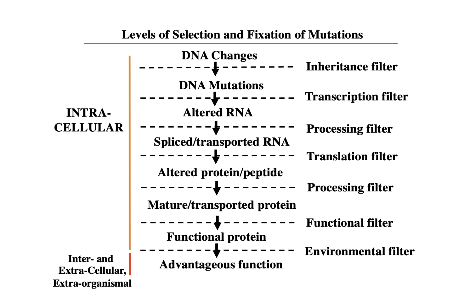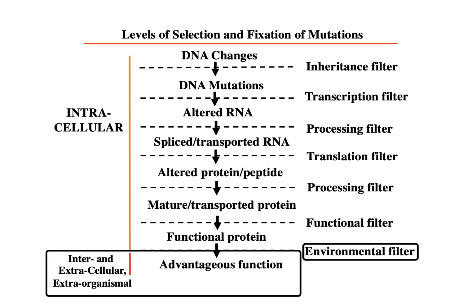Finally, I wanted to show this figure one more time. I showed it in a previous video. But in this video, I have been talking about this extra-organismal level of environmental selection, this environmental filter, to lead to an advantageous function.